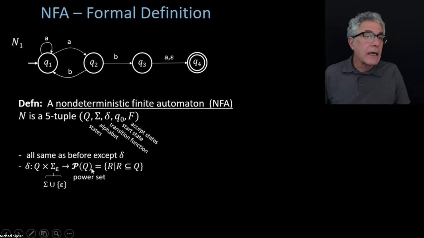That's the set of subsets of the collection Q. Here we're going to produce an entire subset of states. Instead of just one state coming out, there might be a subset of possible states that you can go to. So the power set of Q is a set of subsets of Q. That's what this notation means.